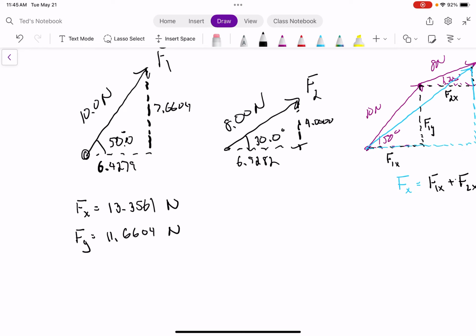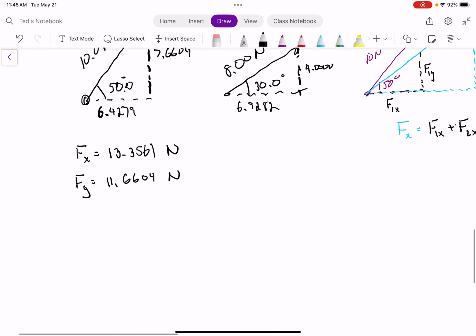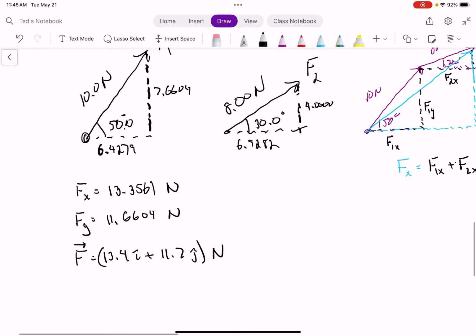Okay, so then I can write my final answer, and I can say, okay, the final answer for this force is 13.4 i hat plus 11.7 j hat newtons. And that would be the answer I get when I add those two vectors.